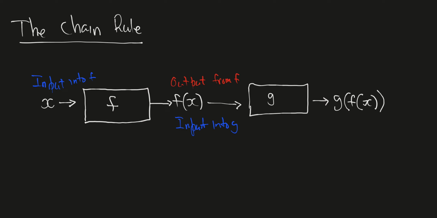And so this now would be the output from g. And then you could say, well, what if this goes into another process? So this whole idea, this whole chain of functions, is in part where the name comes from. Think about what happens on an assembly line, right?